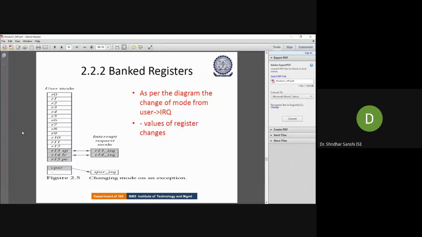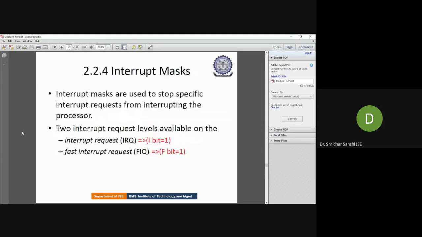Next, what we have is the interrupt mask. In the diagram, we have seen that there are 2 interrupt masks available. One is the interrupt request and another one is the fast interrupt request. Why are these bits used? Suppose a particular event has to be handled by the processor, then this particular bit will be set.